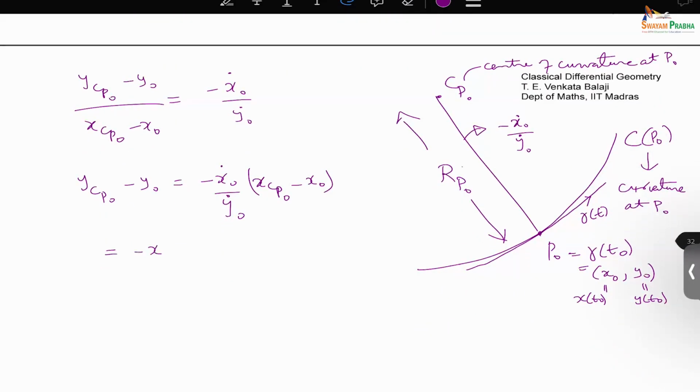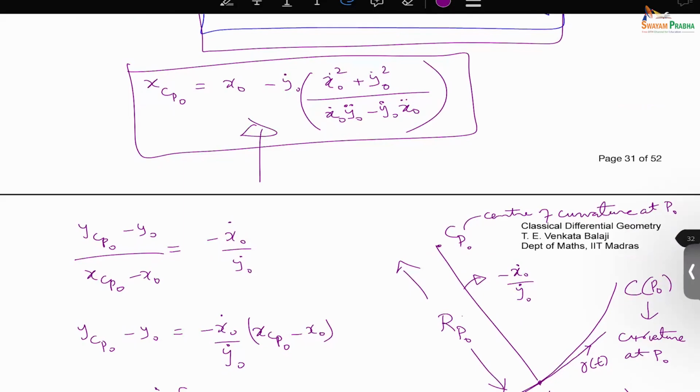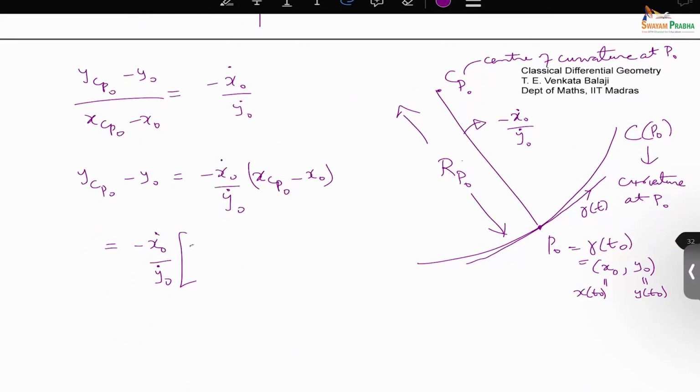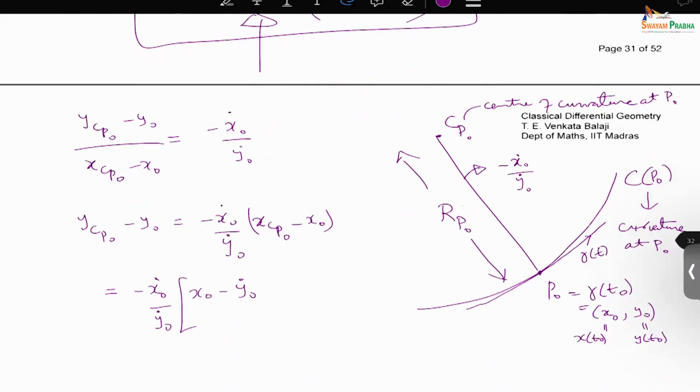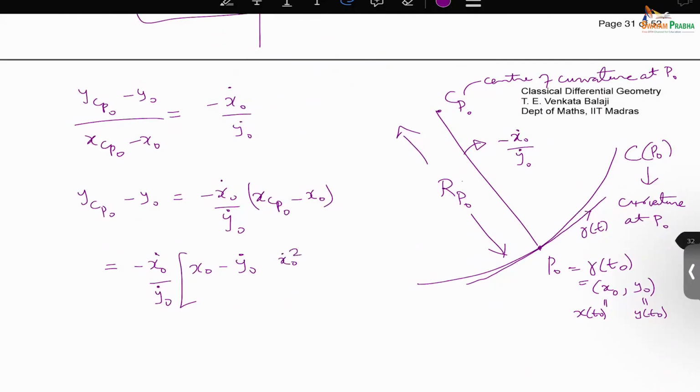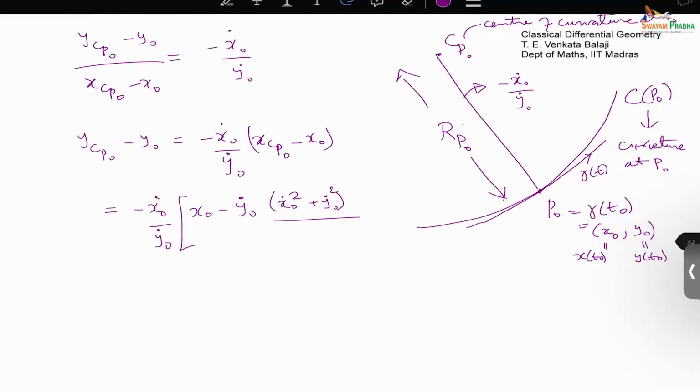Now this x cp naught value I have here, so let me plug it in: x naught minus y naught dot times, in the numerator, x naught dot squared plus y naught dot squared, divided by the denominator x naught dot y naught double dot minus y naught dot x naught double dot. This is what it is.